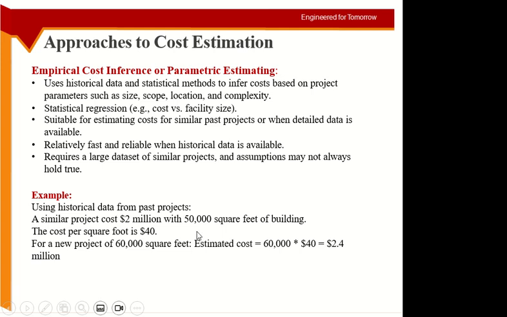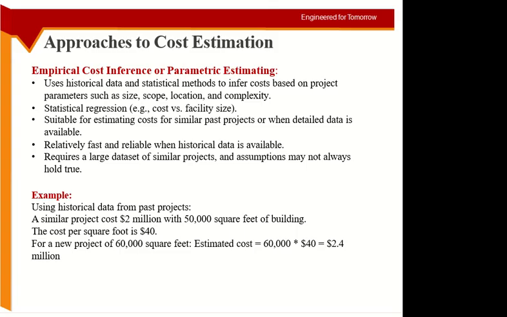Okay, so this is coming from the previous project. The previous project was costing me this much, any previous project. So you are relying on the historical data, and for your project you are just using some basic parameters.